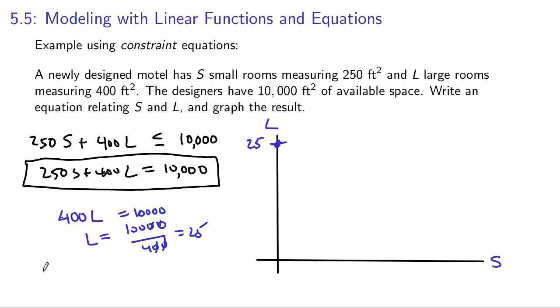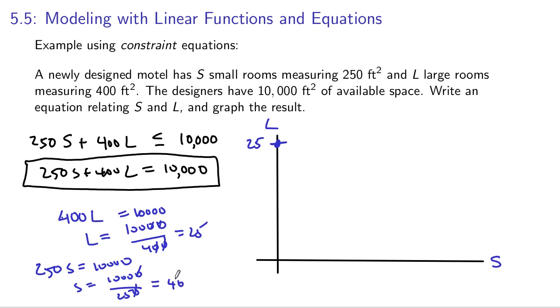And if there are no large rooms, we have 250 S is 10,000. S would be 10,000 over 250. We're left with 1,000 divided by 25, which would be 20. Because, no, 20 is not right, 40.